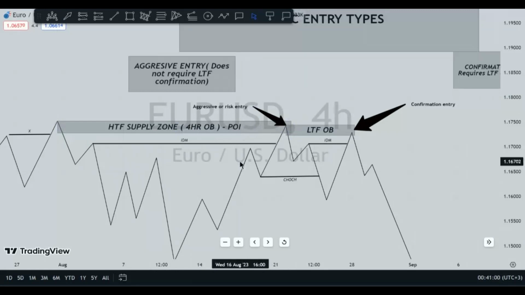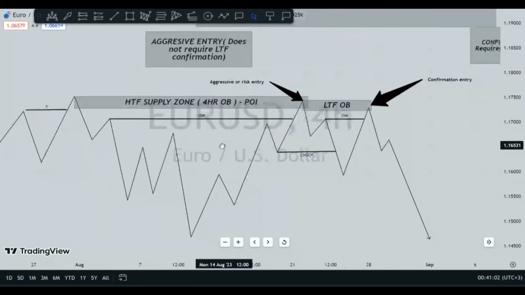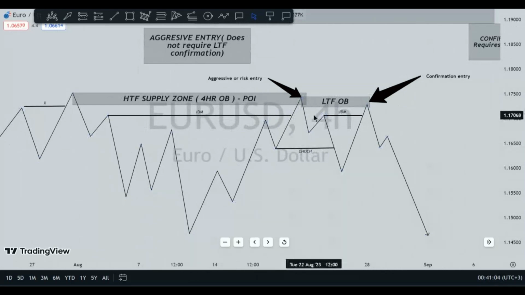After doing that, you'll have to wait for price to come to your POI. Then after price taps your POI, go to a lower time frame.